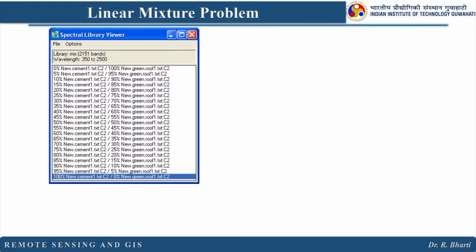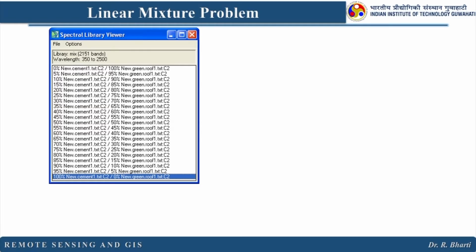Now the next is the linear mixture problem. Now you have understood one pixel may have X, Y, Z material and their spectral signatures are different from each other, but when we do this remote sensing, we get only one value for that pixel, so everything gets averaged. So what do we have to do?